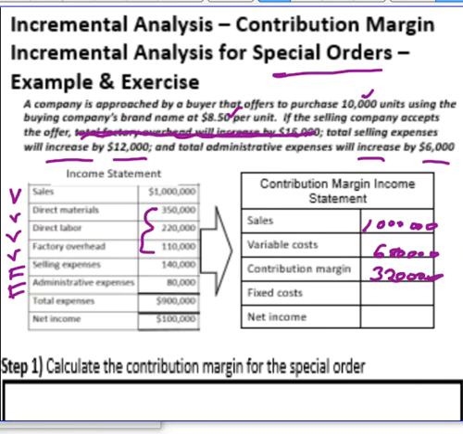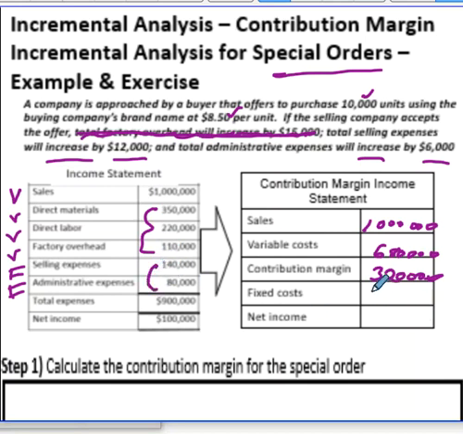Interestingly enough, our contribution margin is $320,000. That's the amount of sales revenue that's left over after we paid for our variable cost of producing and selling the good, and it is there to cover our fixed costs and then contribute to net income. Our fixed costs in this case are a total of $140,000 plus $80,000, which comes to $220,000.